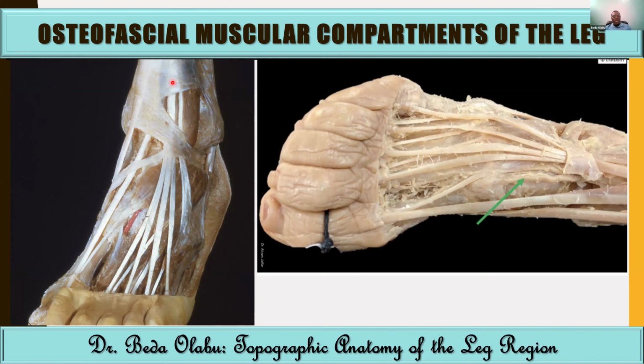Here we see the inferior extensor retinaculum, Y-shaped, and the superior extensor retinaculum holding the tendons to prevent the bowstringing, popping of the tendons. Tibialis anterior, extensor hallucis, extensor digitorum, and peroneus tertius.